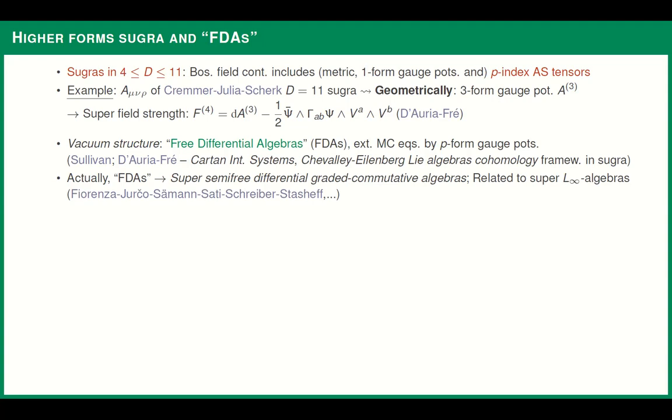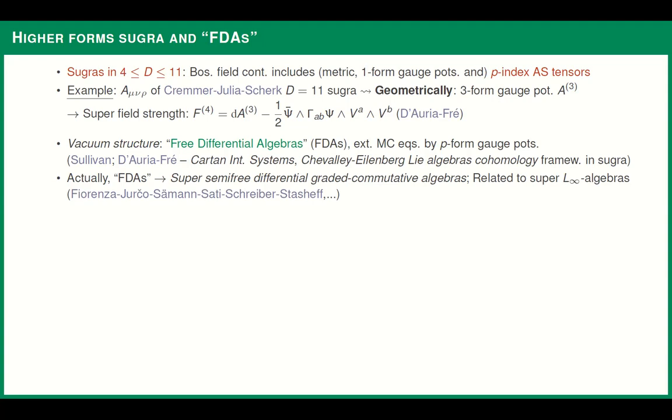This is just an example, but in general, whenever we are dealing with higher forms, we have a vacuum structure of the theory that can be described in terms of free differential algebras.